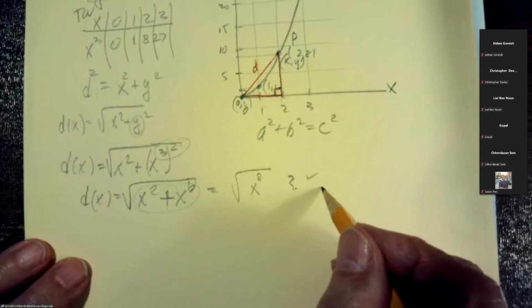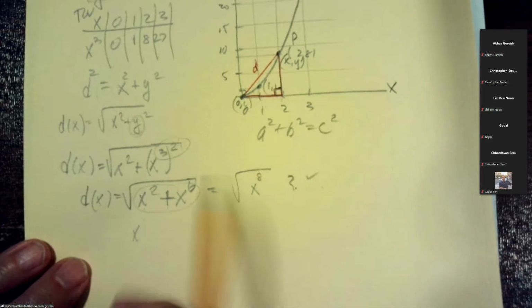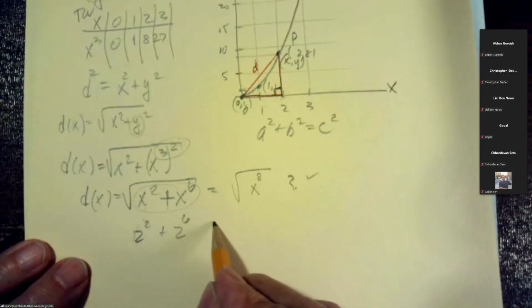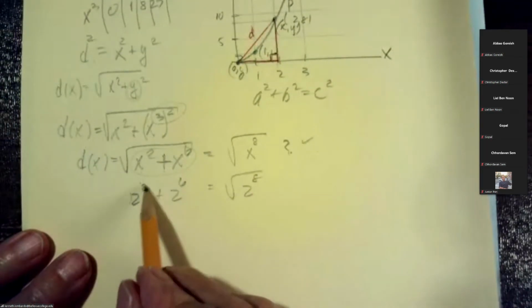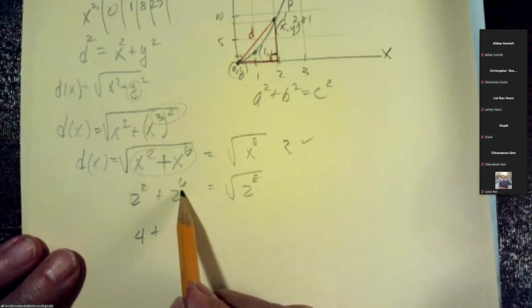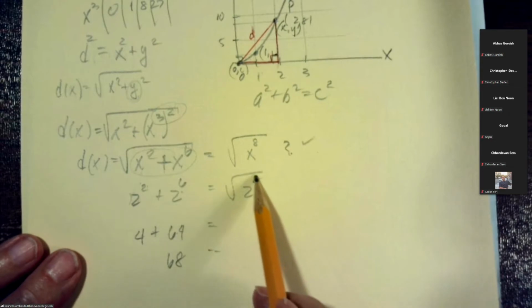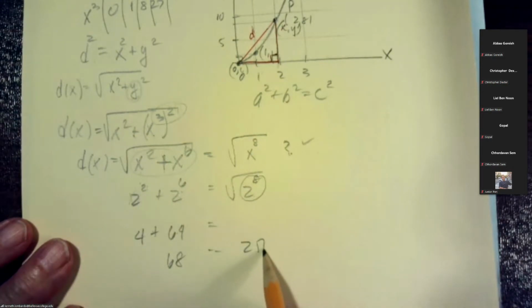Well, I could plug in a value here and see if that's true. Let's plug in 2. Let's see if 2 squared plus 2 to the 6th equals 2 to the 8th. 2 squared is 4. 2 to the 6th, 2, 4, 8, 16, 32, that's 64. So on the left side, I have 68. And we're looking for 2 to the 8, 2, 4, 8, 16, 32, 64, 128, 256.